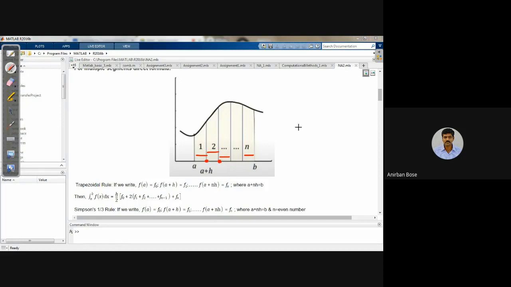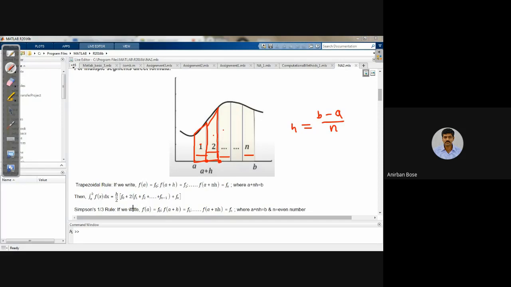So you can understand h is nothing but b minus a divided by the number of segments. Once this part is clear, what we have to do is find the area of the trapezium of each segment, and add them if you want to do the trapezoidal rule. So you have to add all these areas of the trapeziums.